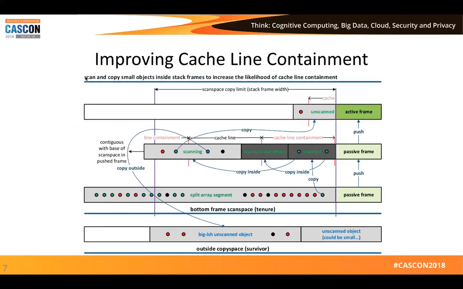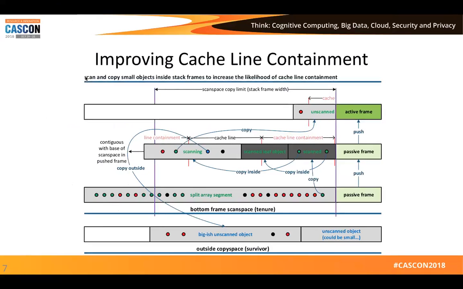So how do we improve cache line containment, and how do we limit the size of the scan space? Well, we use a stack of scan spaces. Each frame is a scan space, and it's bounded. Here's one frame boundary at the beginning, the base of the scan space. And the other frame boundary is 4 kilobytes away from the base.